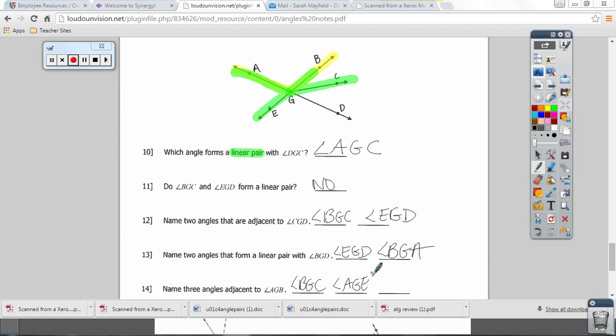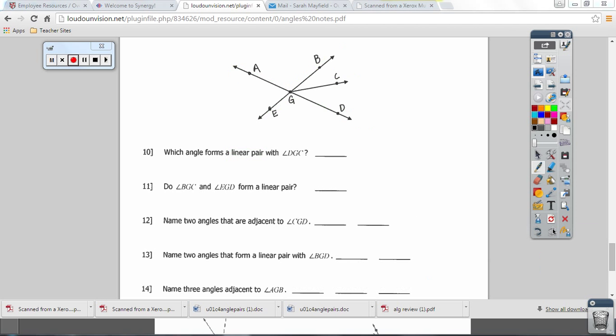What would the last one be? Look really carefully. You could also have this angle right here, BGD. All right, let's see what the last questions look like.